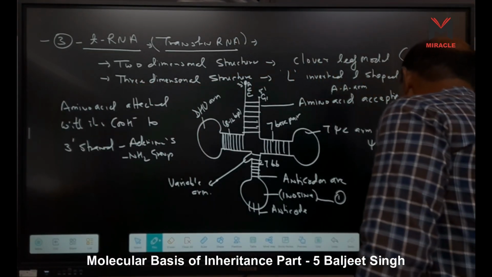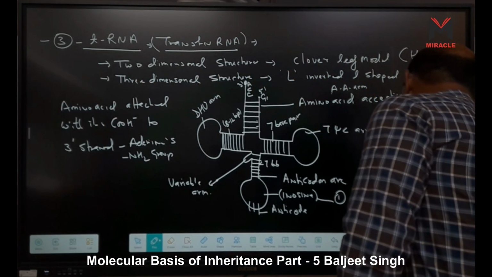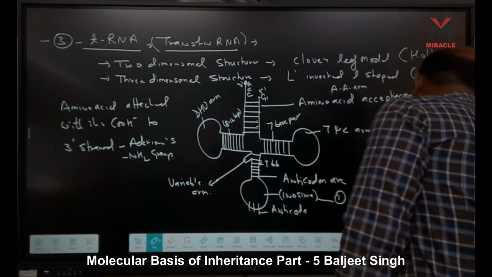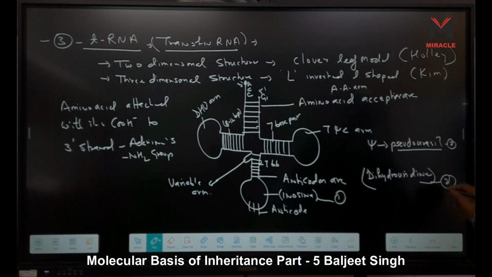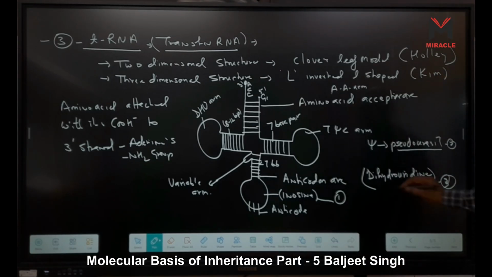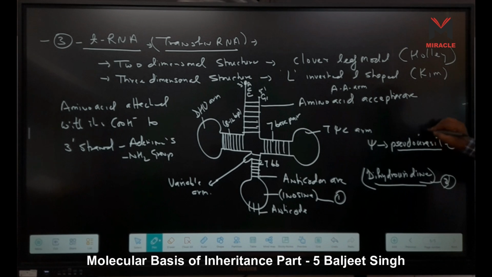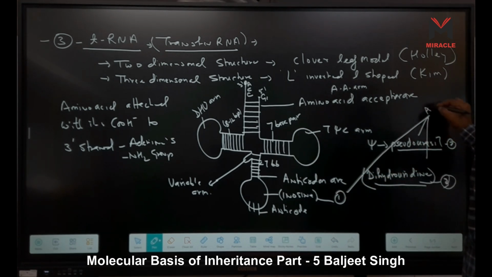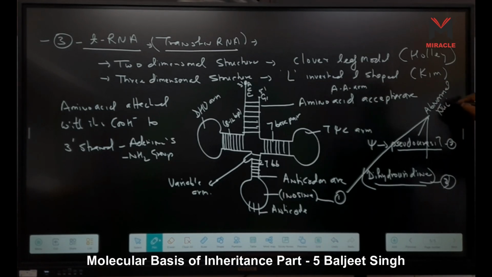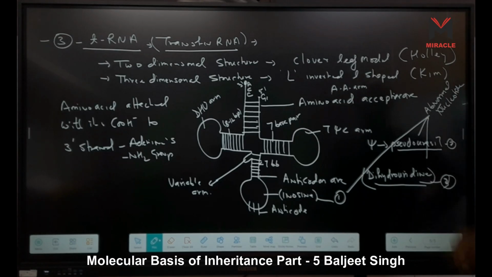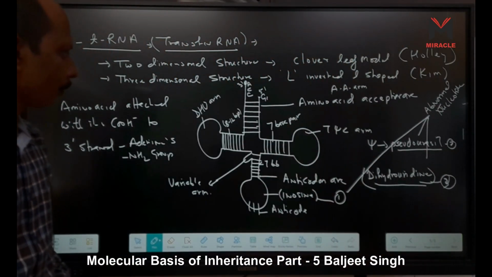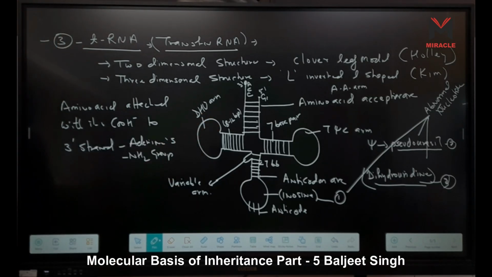DHU means dihydrouridine. That is the third abnormal nucleotide. Due to the presence of these abnormal nucleotides, a loop is formed. Do you understand this one?